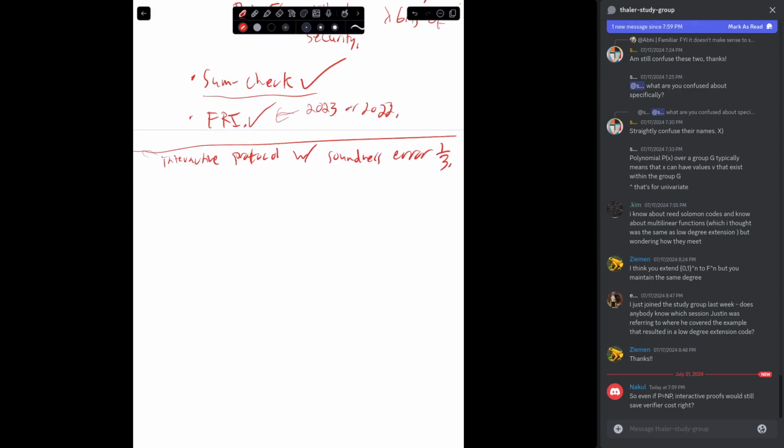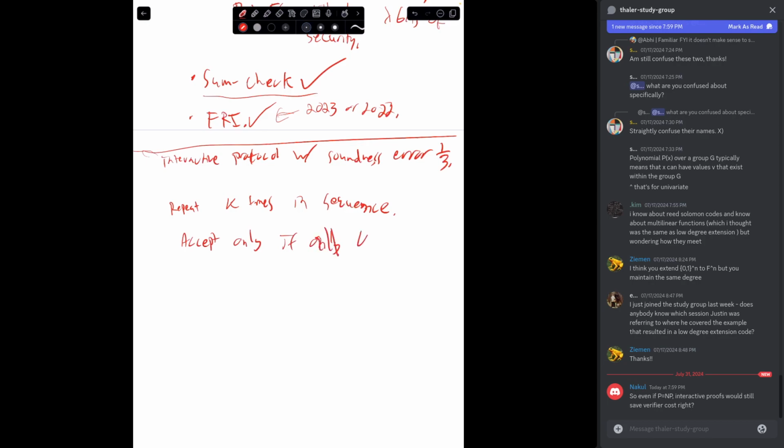The most naive way to drive the soundness error down is to repeat the protocol k times in sequence: run it once, finish, run it a second time, a third time, and so forth, and accept only if all k runs accept.